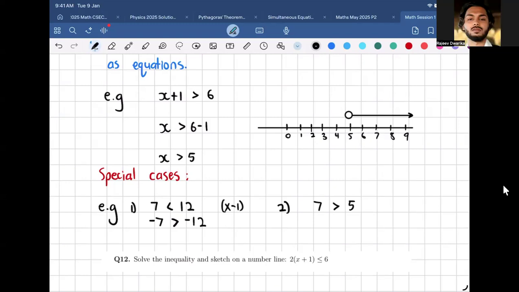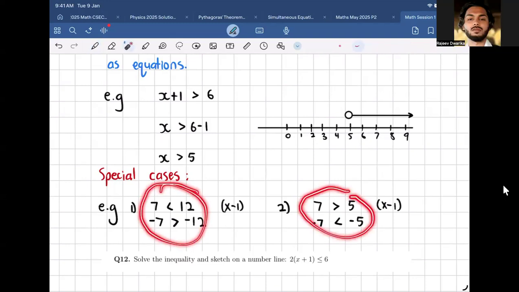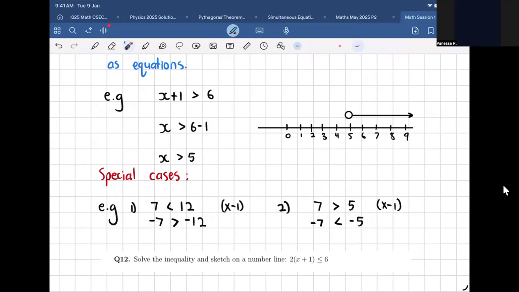Let's multiply both sides by -1. That 7 is going to turn to -7, and that 5 is going to turn to -5. Is -7 more than -5? No. In both of these examples, what is happening to the sign after we multiply by -1? It's flipping. So anytime you multiply or divide by -1, the sign is going to be flipped.